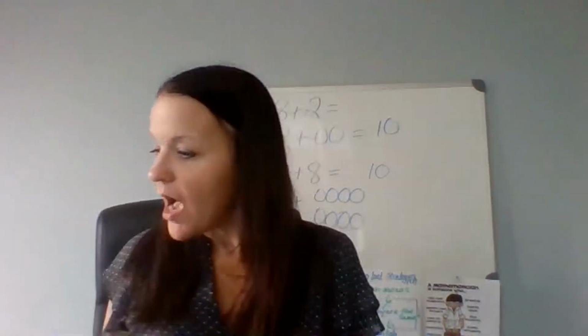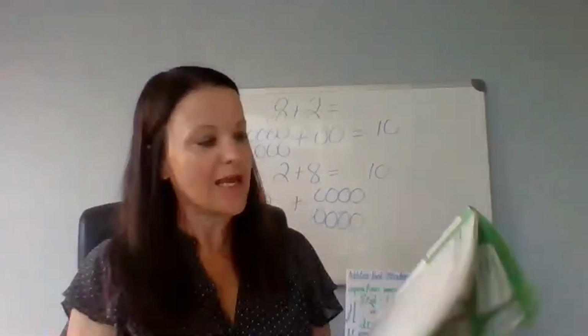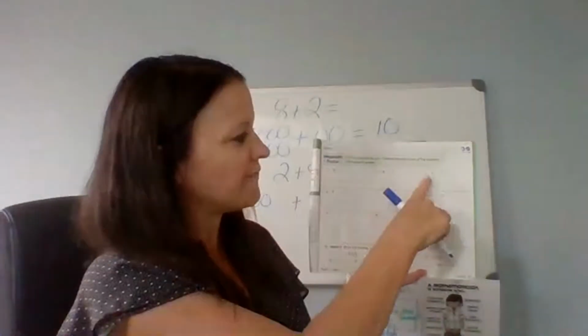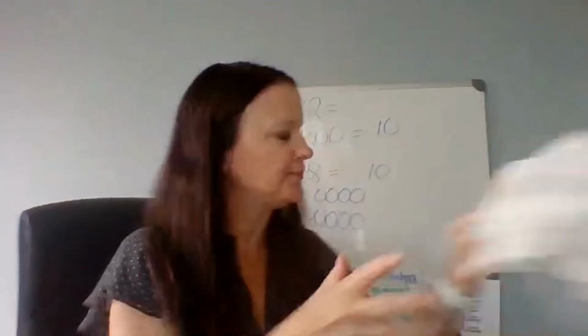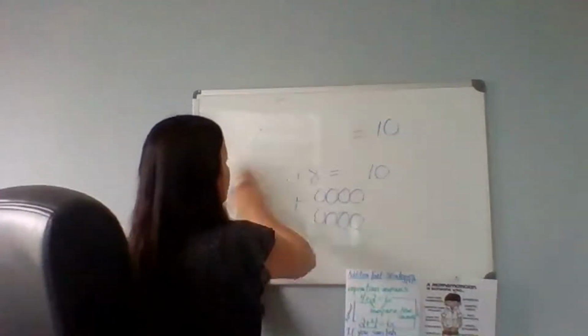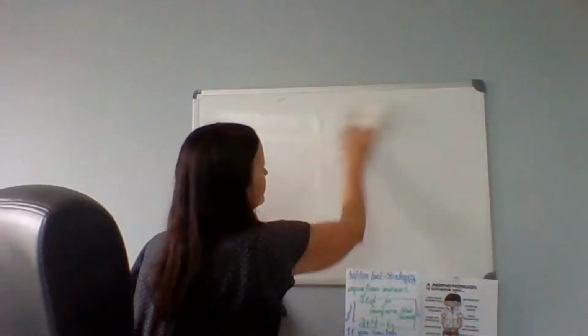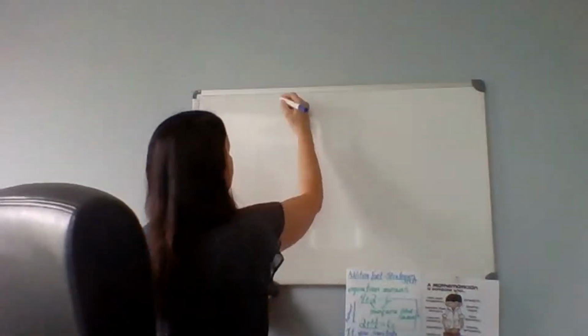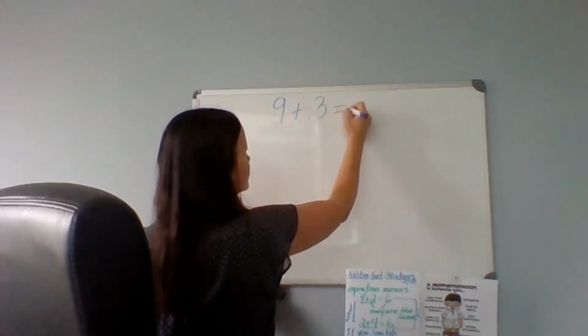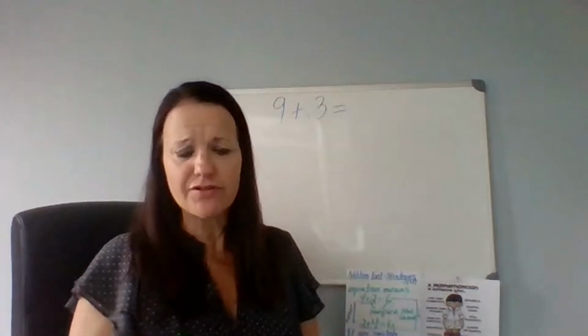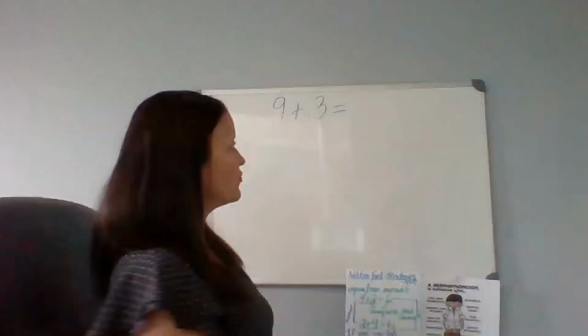Let's try another one. I want you to look at number 5. I'm going to erase my board. Get ready for number 5. Okay, number 5 is 9 plus 3. Use your counters, draw your circles, draw your X's, whatever you like.